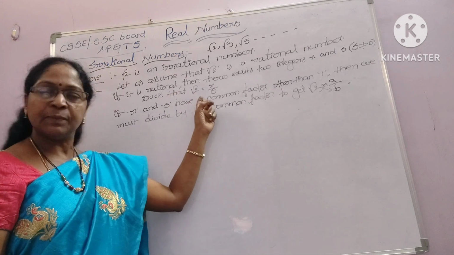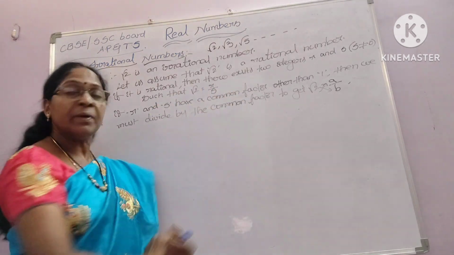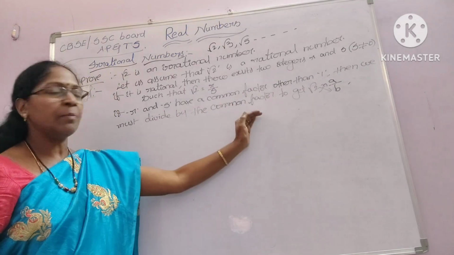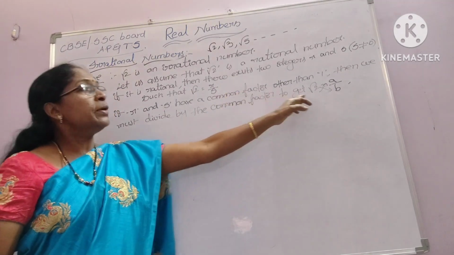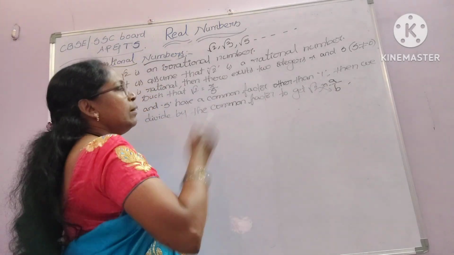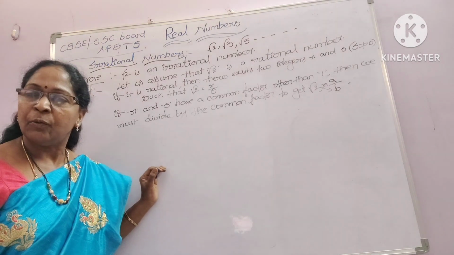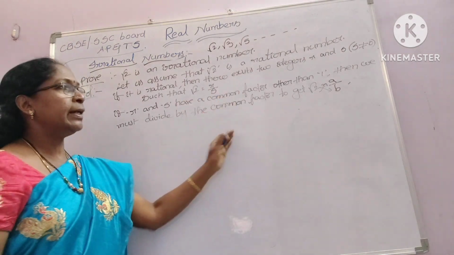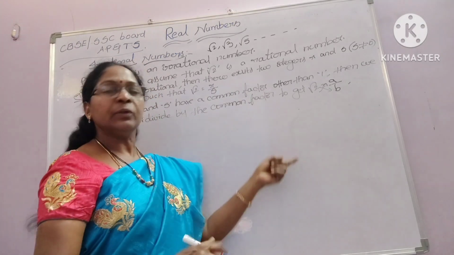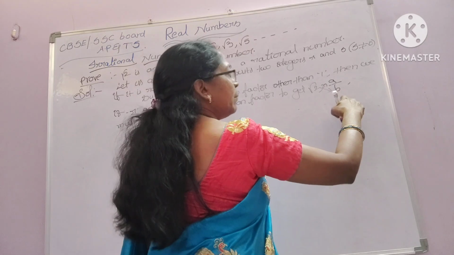If r and s have a common factor other than 1, then we should divide by the common factor, to get root 2 equals a by b. Here a and b are co-primes. Co-primes are nothing but numbers whose only common factor is 1.